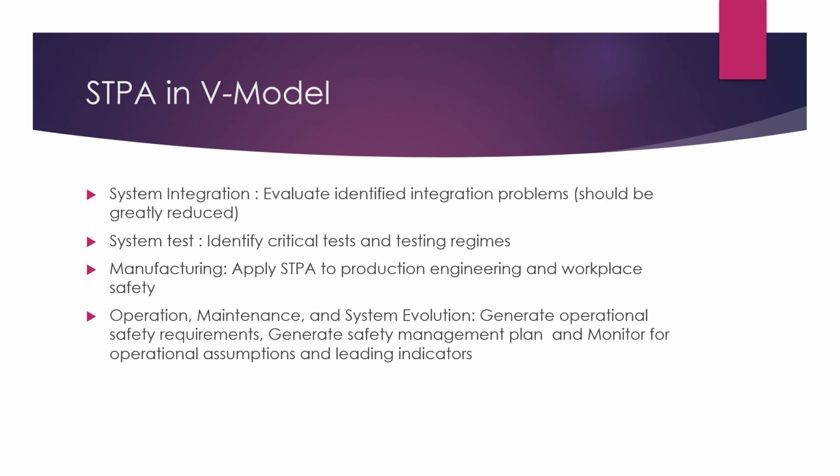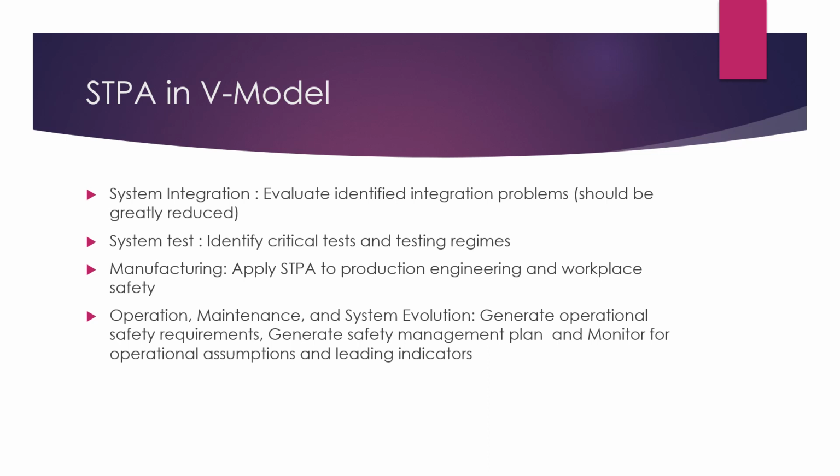Here it is very important to use STPA, because of the operational safety requirements definition, the safety management plan, and how you monitor operational assumptions or the leading indicators, the operational indicators. So we are going to see all these things in STPA.